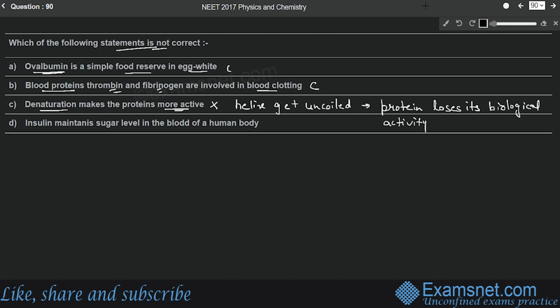So it does not become more active, it becomes less, in fact not at all active. It becomes inactive. So this is the incorrect statement. So option C will be the correct answer.